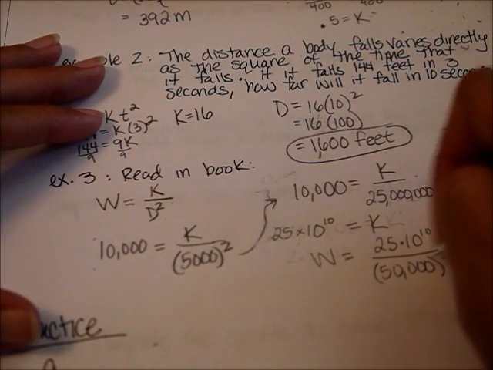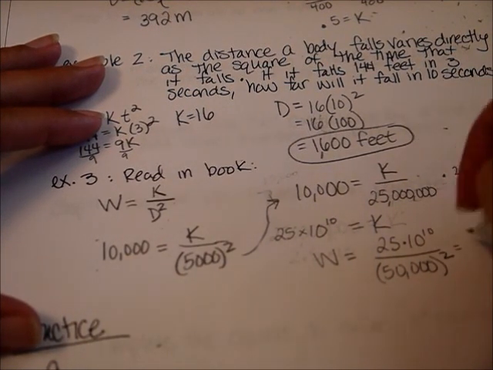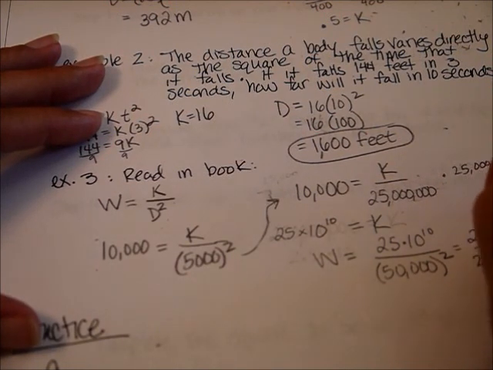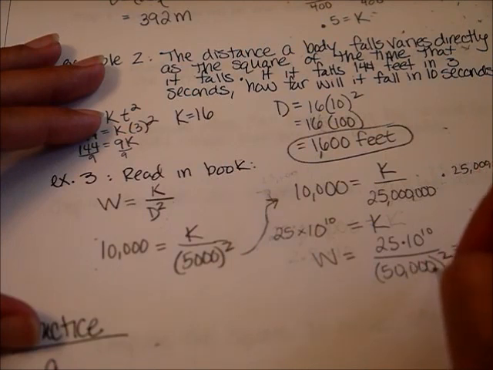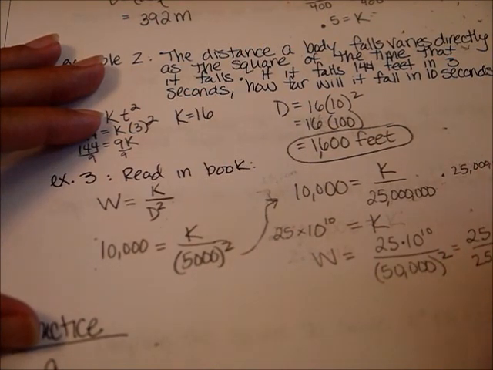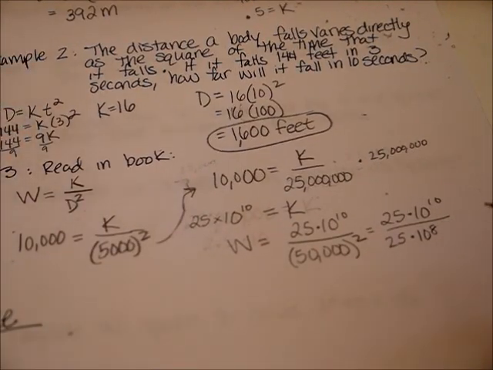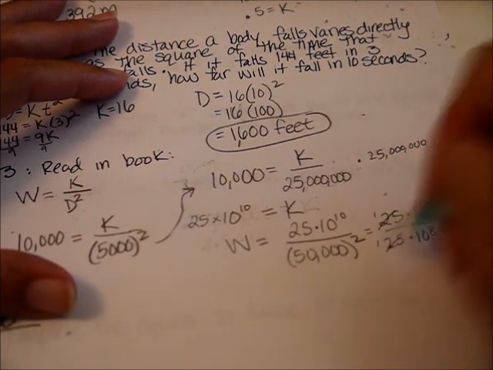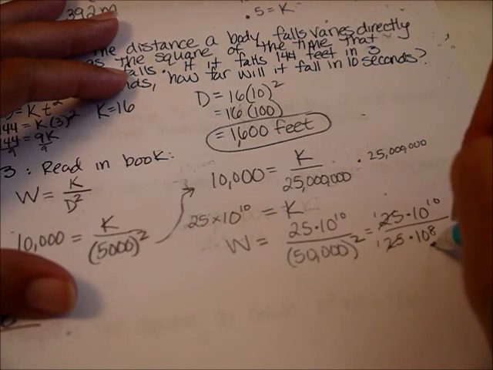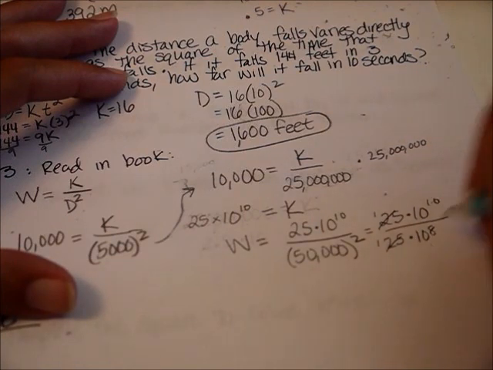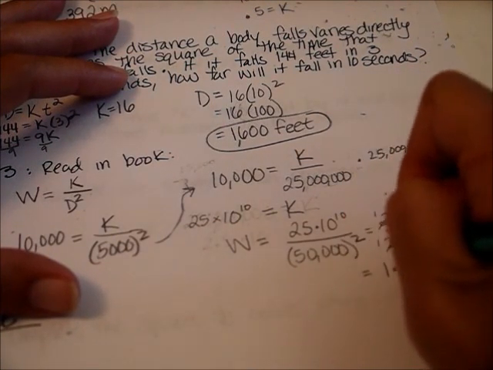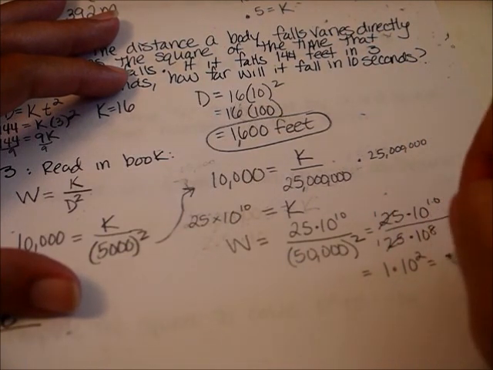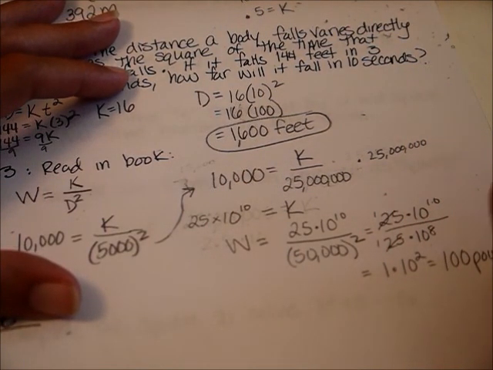The book squares 50,000 and we get 25 with 8 zeros. Now we've got something that you guys know how to reduce. It's just 10 to the 10th over 10 to the 8th. Well, 10 minus 8 is 2. So our final answer is 1 times 10 to the 2, which is 100 pounds.